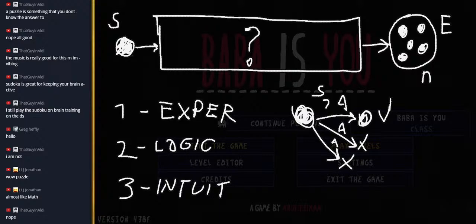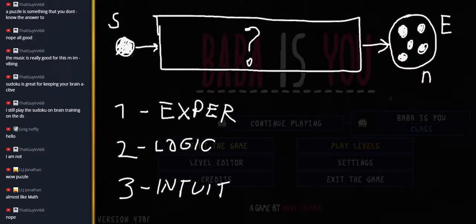This is, of course, extremely effective during the initial rule discovery phase. Is brute force good? Yes, it can be. It's always the one thing to fall back on. Just try everything, even if you don't think it will work.